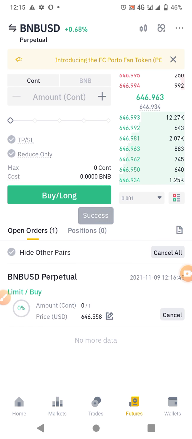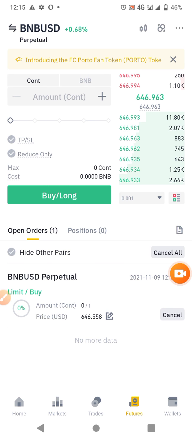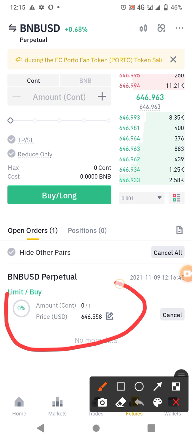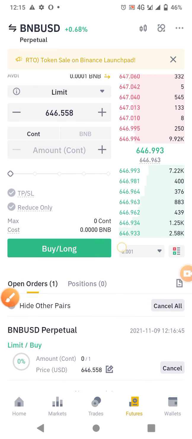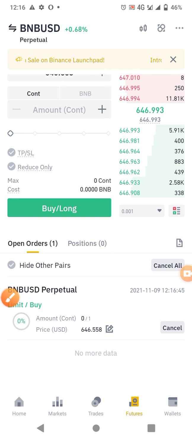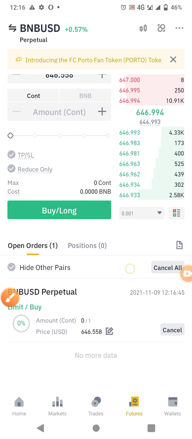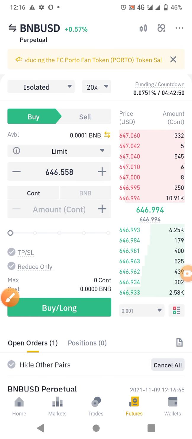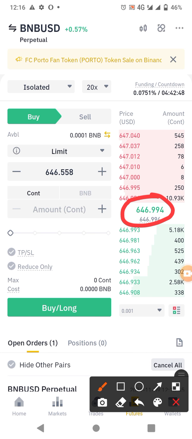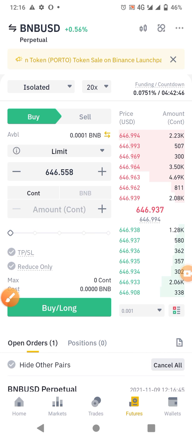You can see it here. You can see here. The trade has not yet clicked. That's why it's still here. You can see. So you can wait for the entry price, 646.553 US dollars. So immediately BNB comes down to 646.556, it buys automatically.